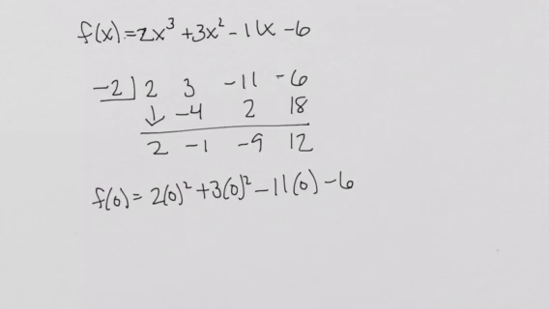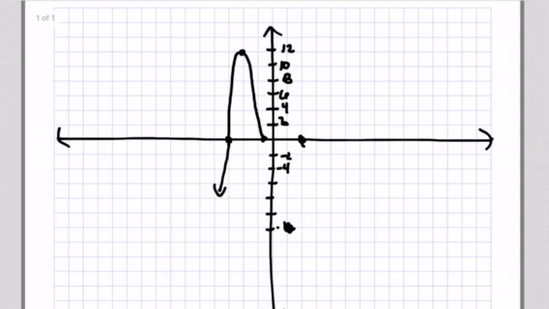As you can see, each of these will go to 0, so this is a nice point to choose because it's very easily found by recognizing that it is the constant term of our function. So when x is 0, y is negative 6. So this point right here. So we'll cross through, turn back around, and again, as we predicted, we go down on the left and up on the right.